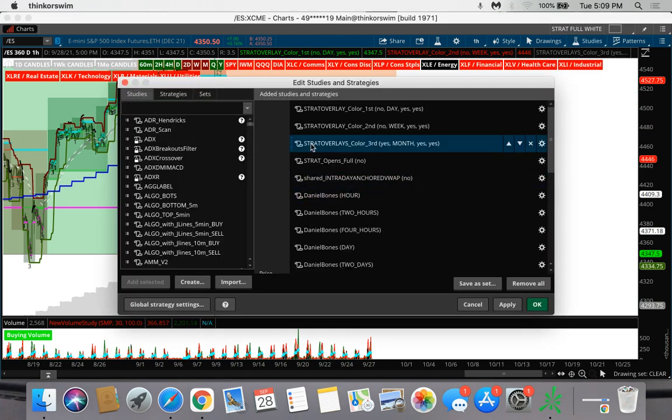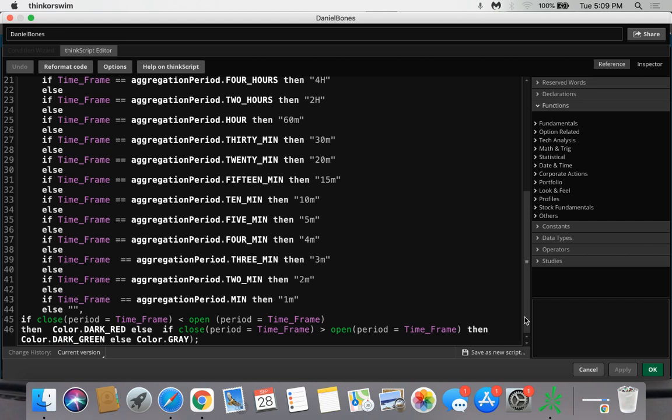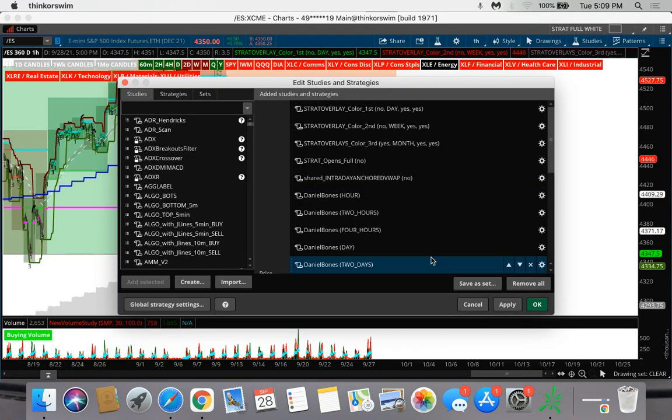In my platform, I called it Daniel Bones because I wrote it custom for him. But it's basically just looking at the time frame of the chart that you select, and saying where's the close, where's the open, where's price currently. If price is currently above the open, it paints it green. If it's currently below the open, it paints it red. And it tells you the time frame that you selected.